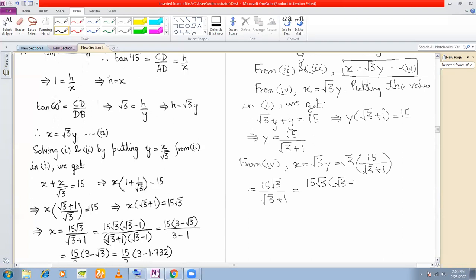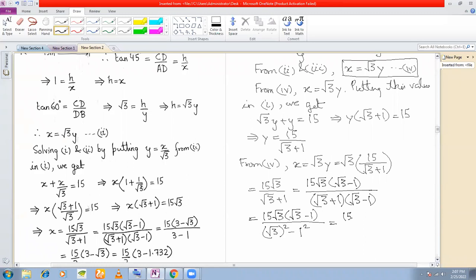Multiply the numerator and denominator by the rationalizing factor, root 3 minus 1, of root 3 plus 1. So you get 15 root 3 into root 3 minus 1 divided by root 3 square minus 1 square.